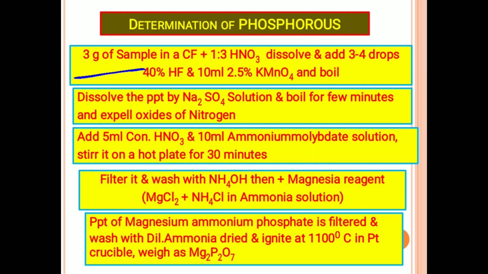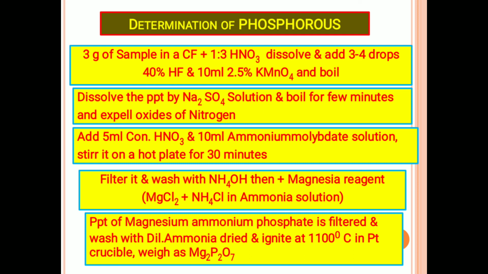So take 3 gram of sample in a conical flask, and then for dissolution you need to add 1:3 HNO3, and then add 3 to 4 drops of 40% hydrofluoric acid, that is HF, and 10 ml 2.5% KMnO4, and boil. Dissolve the precipitate by sodium sulfate solution.